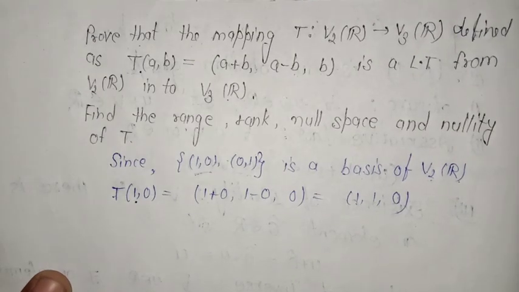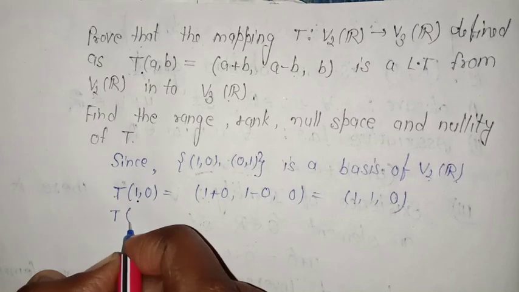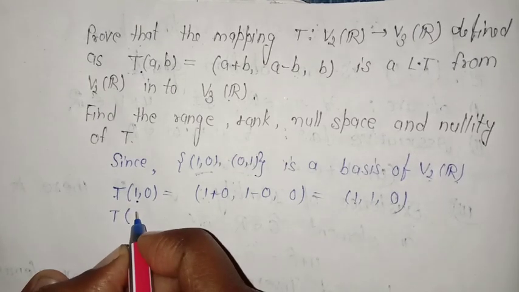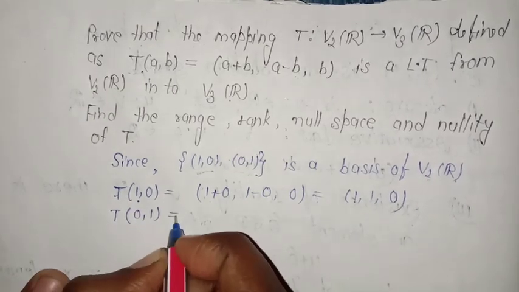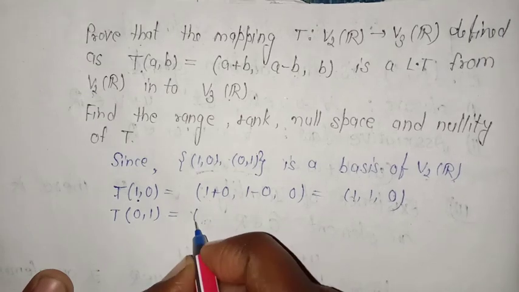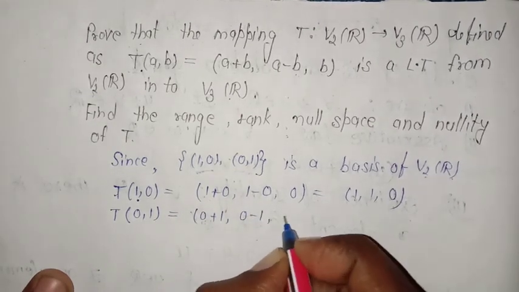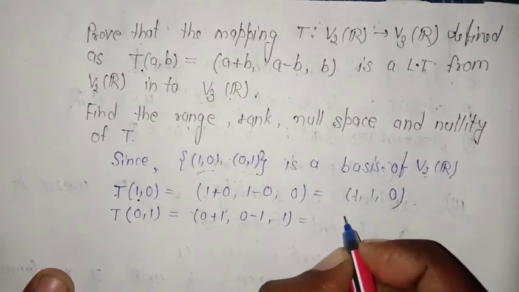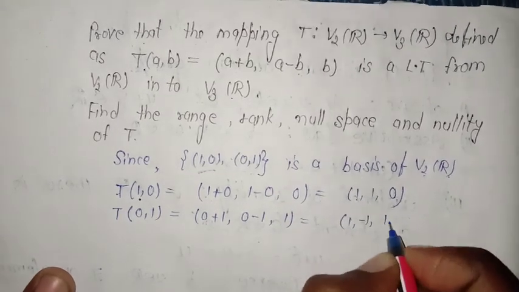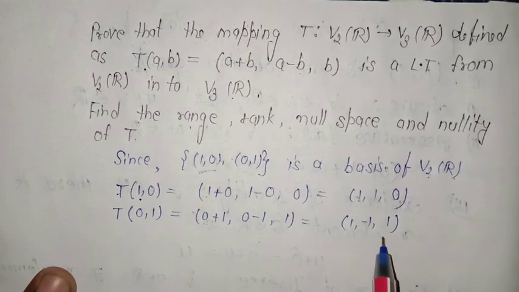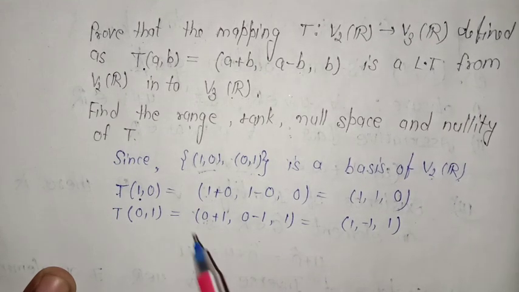Similarly we can find the image of the second vector of the basis, that is (0, 1), and that will be (0 plus 1, 0 minus 1, 1), that is (1, minus 1, 1). So that's the image of the second vector (0, 1).